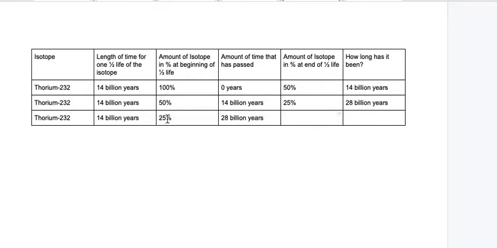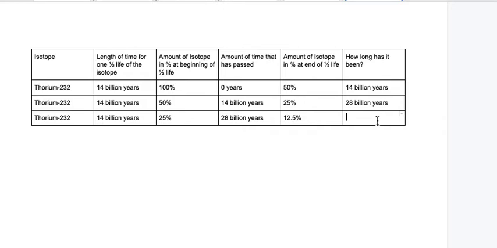And now we're going to cut this 25% in half again. What's half of 25? The answer is 12.5%. And now we're going to add 14 billion years onto this 28 billion years, which is 28 plus 14.